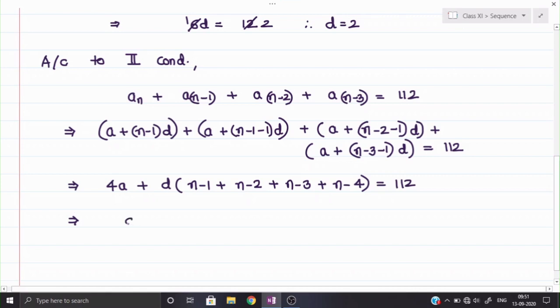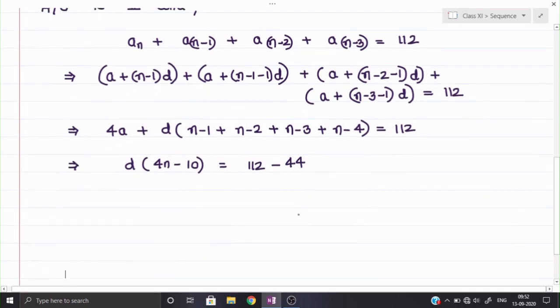So this will become D into the bracket. Value of n if I add, that will become 4n minus 1 minus 2 minus 3 and minus 4. So 4 plus 3 is 7, 7 plus 2 is 9, 9 plus 1 is 10, is equal to 112 minus 44.